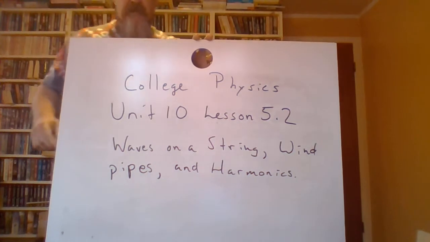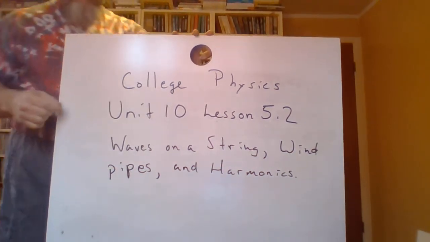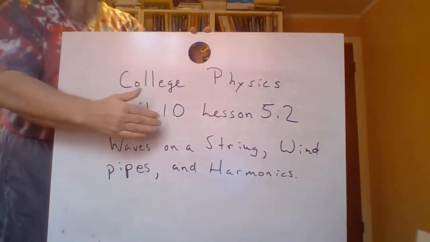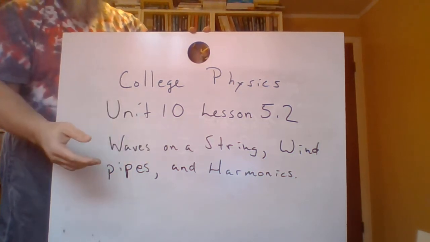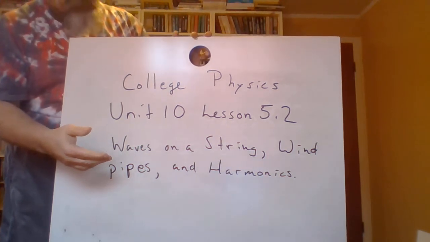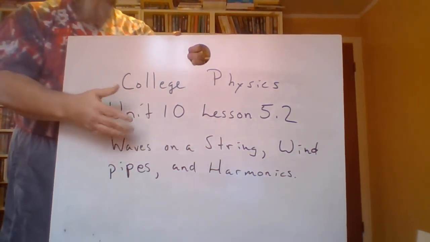In this lesson, we are going to talk about how waves on a string make sound, and how the waves in the string are behaving in order for the sound to result. We're also going to talk about windpipes.